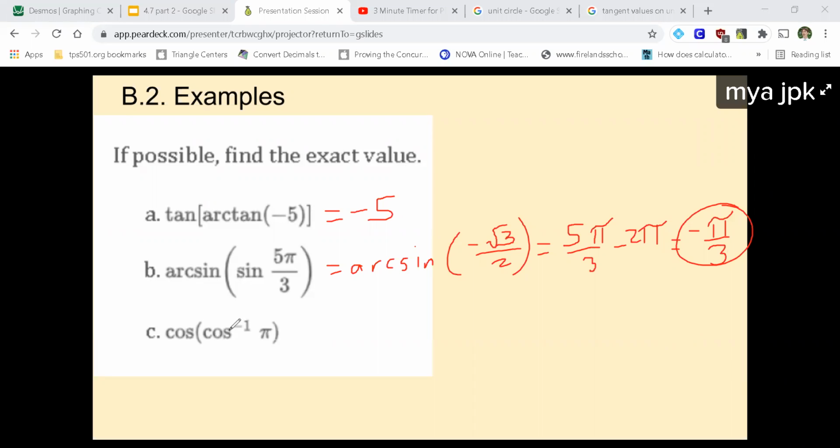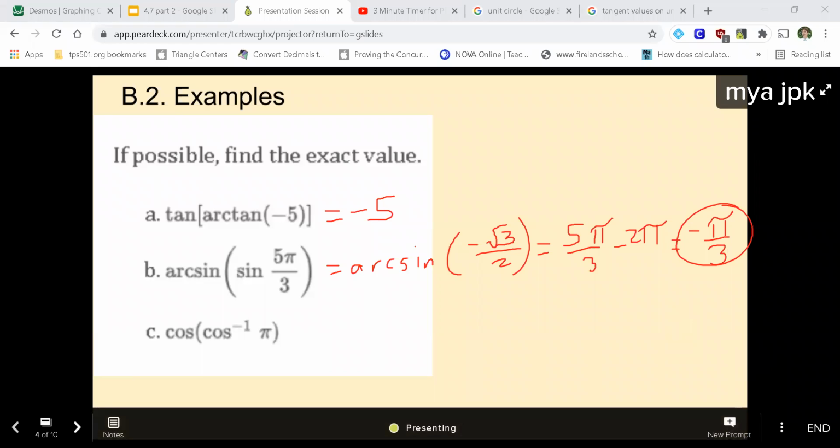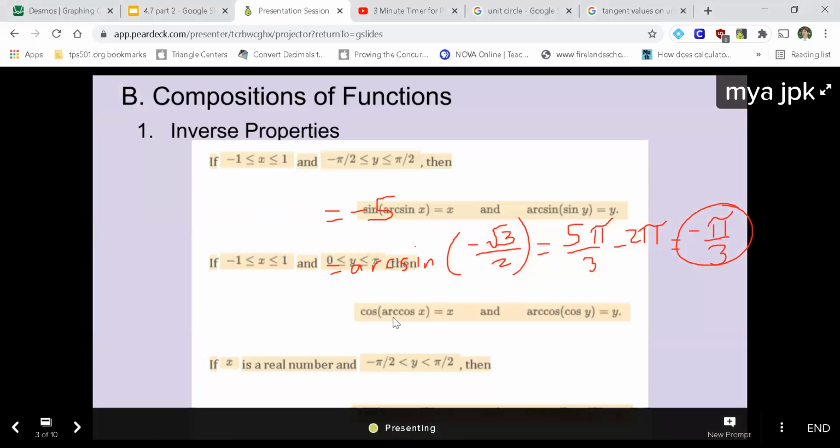To do this last one, same idea. I'm going to look, are these inverse operations? Will they cancel out? So I'm going to look at my value of pi. That's my x value. Is that in the domain of arccosine? And the answer is no. Pi is not between negative 1 and 1.